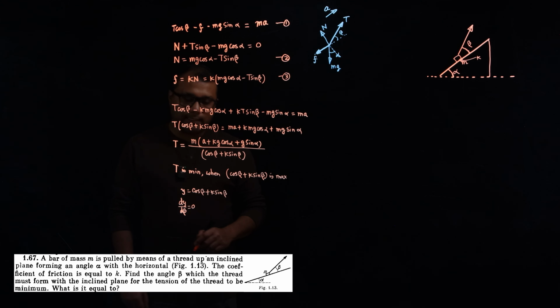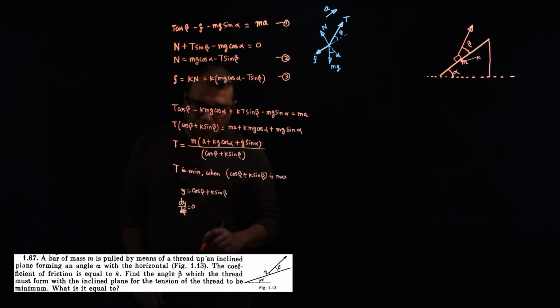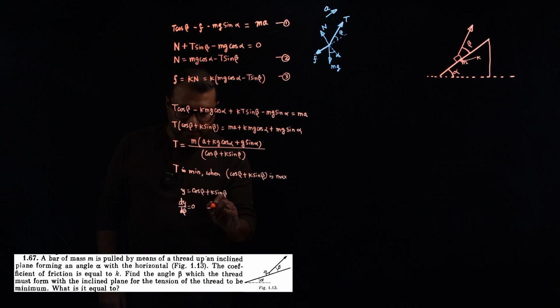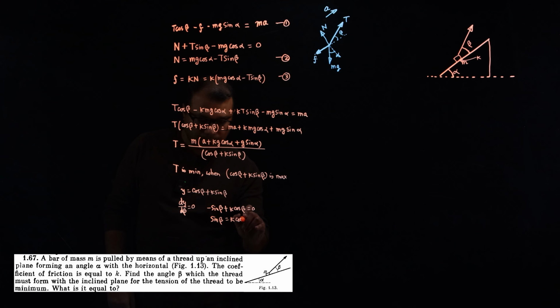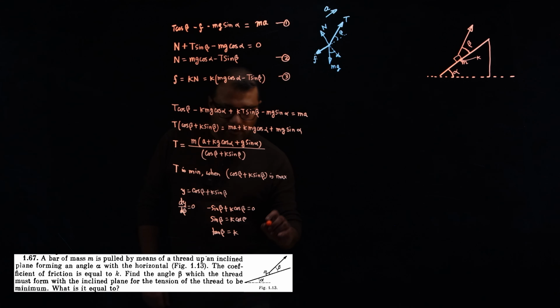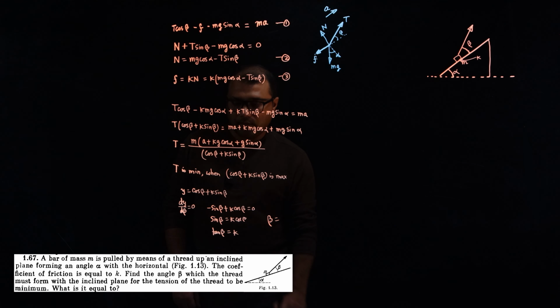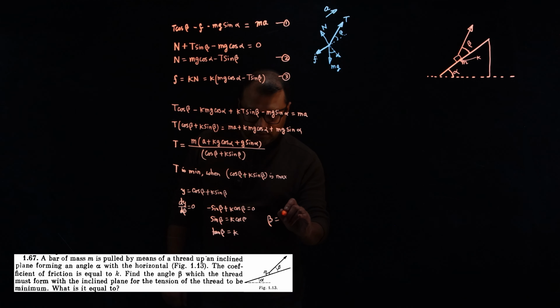That's the maxima-minima condition. Now let's differentiate this. So minus sine beta plus k cos beta is 0. So sine beta is equal to k cos beta, or sine by cos, tan beta, is equal to k. So the value of beta for which T is minimum is tan inverse k.